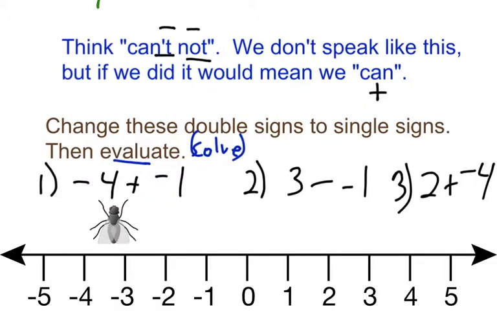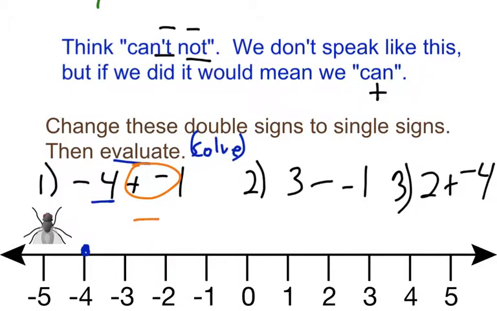And for number 1, I guess I'll just get you started. You're going to start at the first number, so start at -4, and then, well, we have a double sign. So what's next? Plus a minus, what does that mean? Minus.